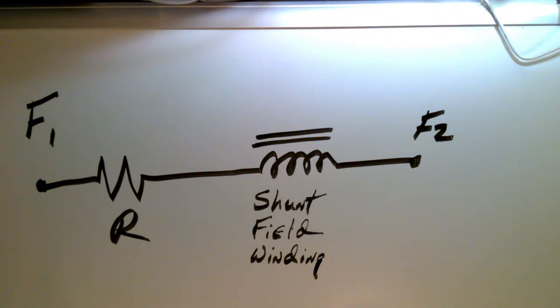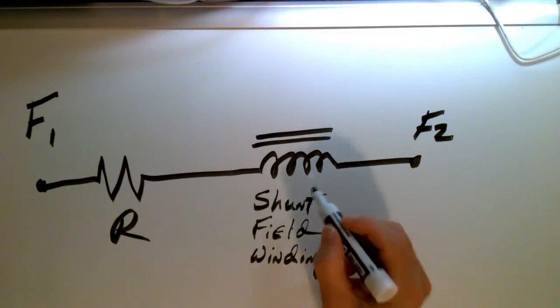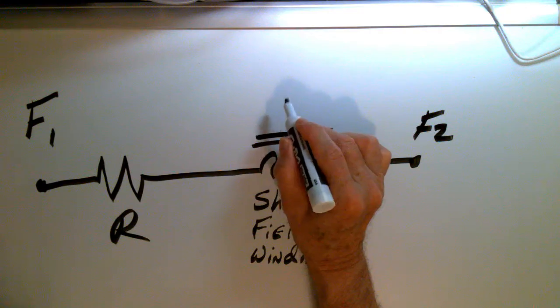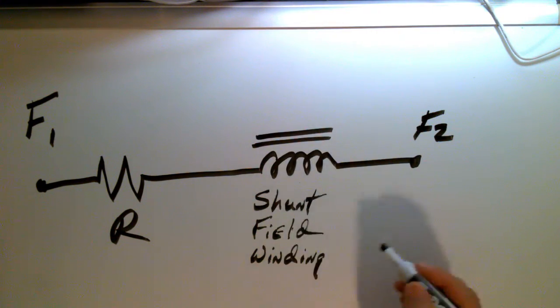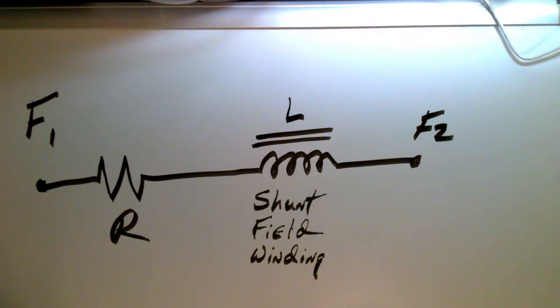It has some resistance, which is measurable, and we can experimentally determine what the inductance of the shunt field winding is. Okay, and by the inductance we can tell whether it's going to create a strong magnetic field or a weak magnetic field. So we'll call it shunt field winding, and we'll use L because it is an inductor, but it is used in a DC circuit, so we'll see no reactance out of it. But this is basically our model.